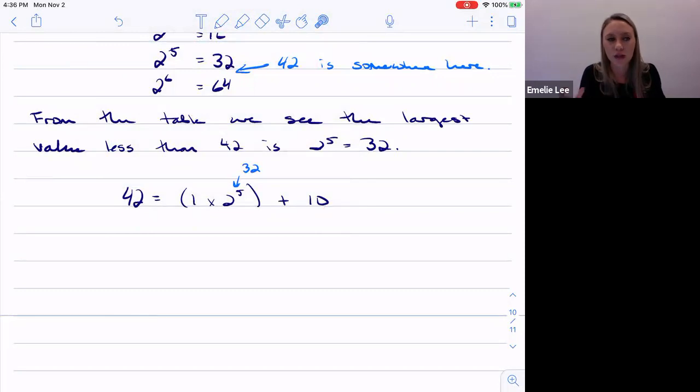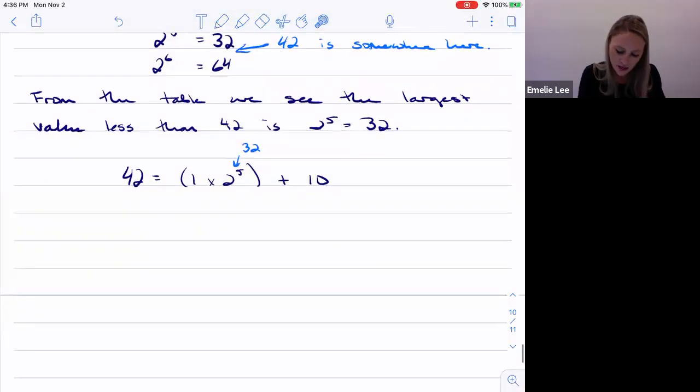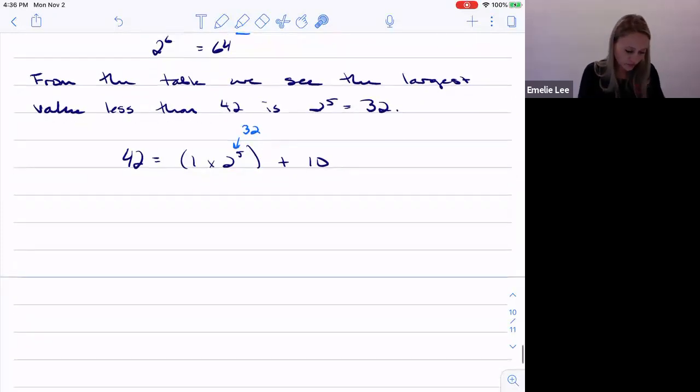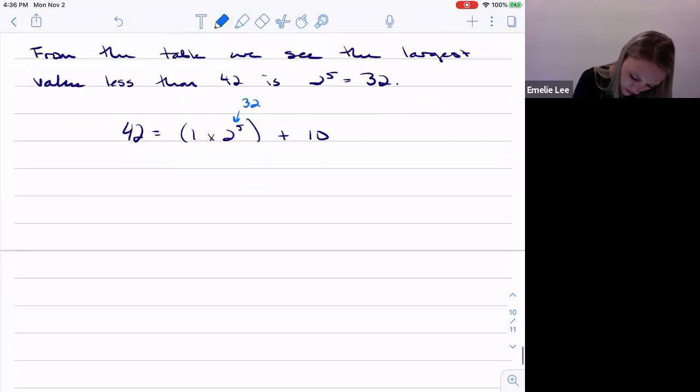So I'm preserving that number, but I've rewritten 32 as a power of 2, 1 times 2 to the power of 5. So I'm essentially working backwards from where we were before. But now I need to deal with this 10, so we need to break this down.